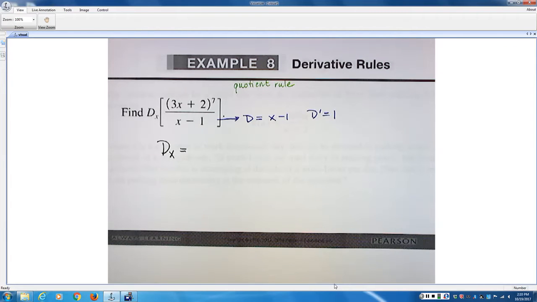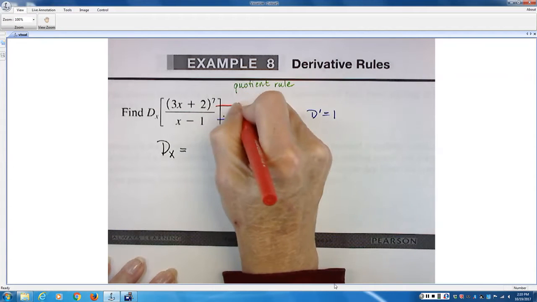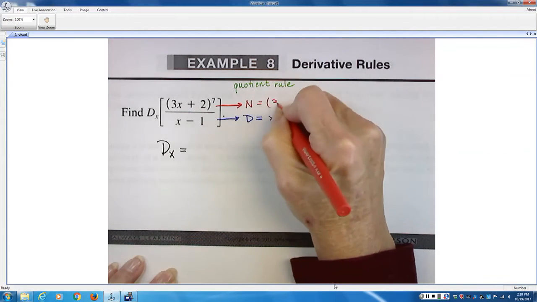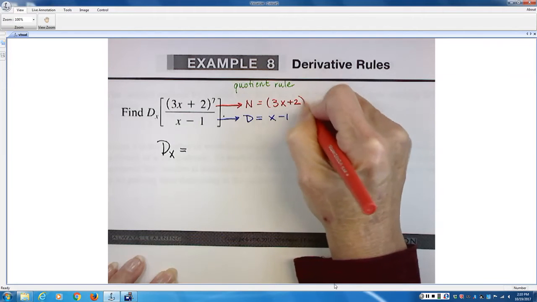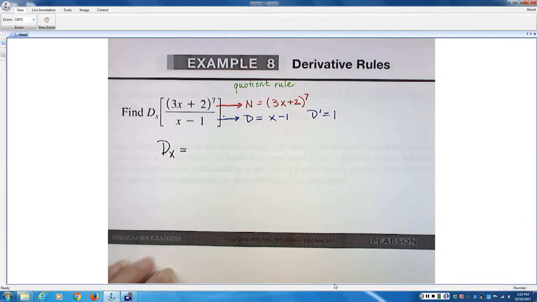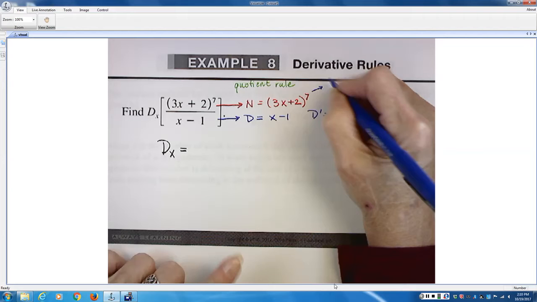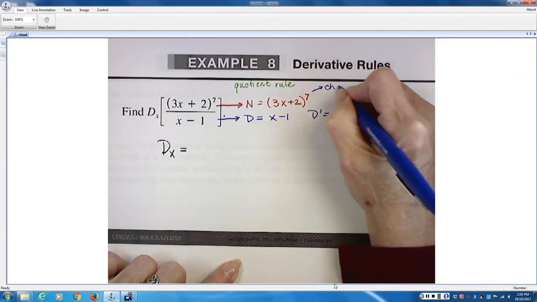Then you get to your numerator, and your numerator is 3x plus 2 raised to the 7th power. Immediately that should tell you, I've got more problems here. I'm sorry, not a quotient rule, a chain rule.